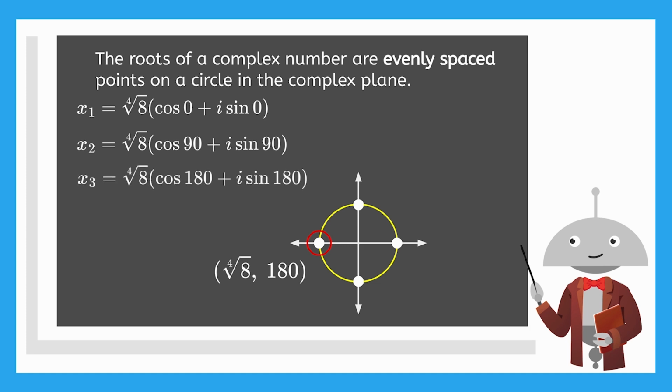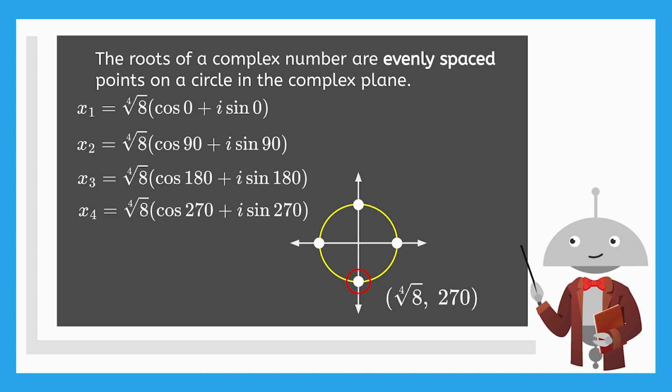X sub 3 is the fourth root of 8 times cosine 180 plus i sine 180. Our final root is here and is written x sub 4 equals the fourth root of 8 times cosine 270 plus i sine 270.